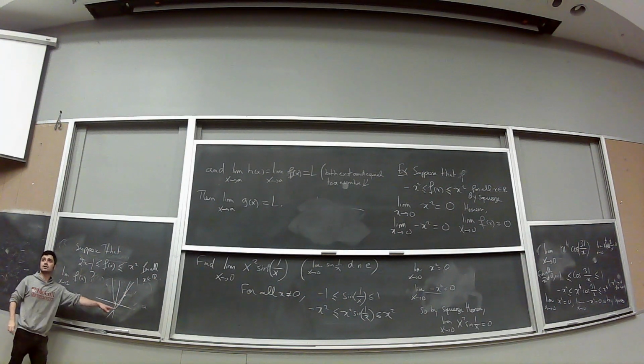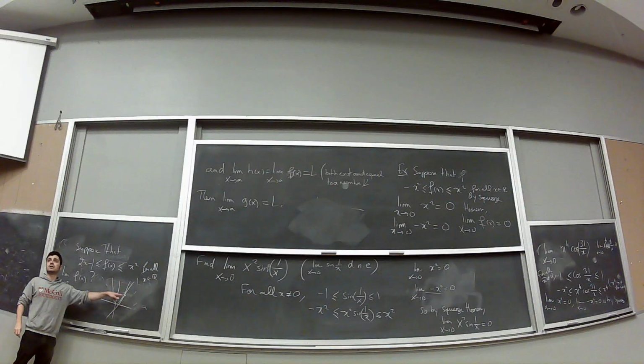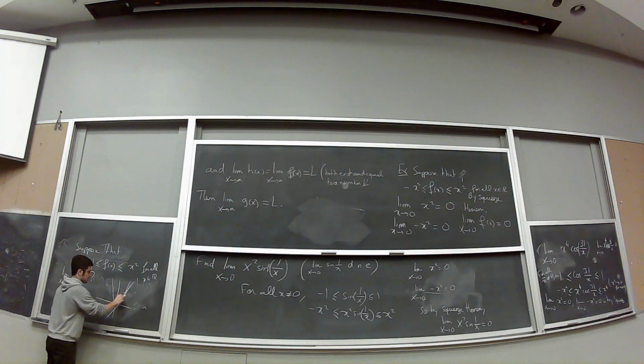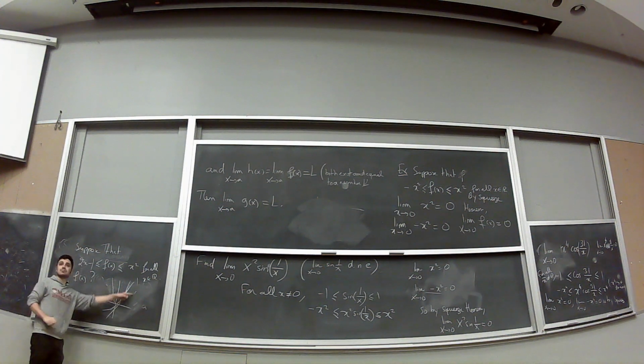Okay, this is the line 2x minus 1. This is the parabola. Are we good? And then you have a function in between.